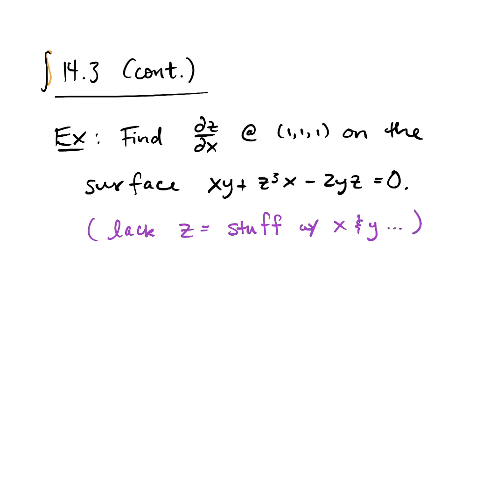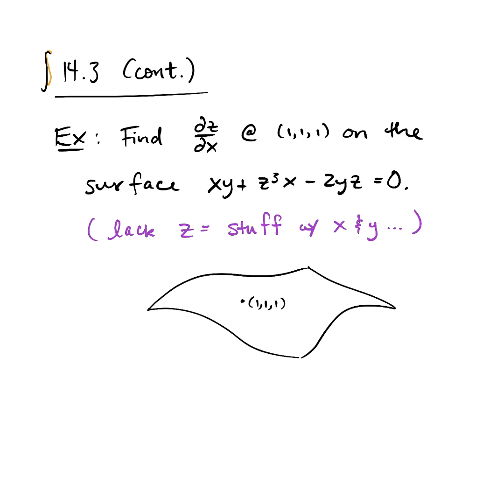We don't actually have a formula, z equals stuff with x and y. What we have instead is some equation with the x's, y's, and z's all tied up together. Now, it doesn't change the fact, though, that whatever that equation dictates, it's some kind of a surface. It's something, and the point (1, 1, 1) is definitely on there.